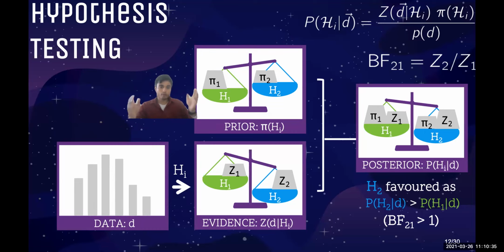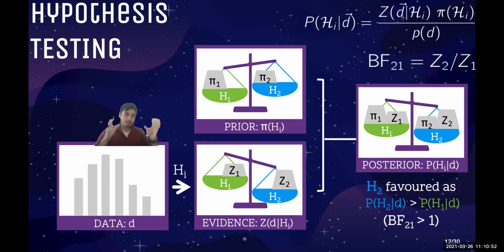Our prior for hypothesis 1, pi 1, has some weight. Initially, we believe in hypothesis 1 more than hypothesis 2, so we believe in this green hypothesis more than this blue hypothesis.